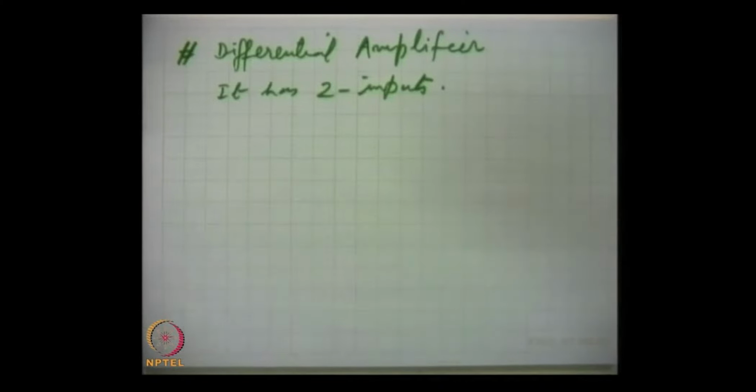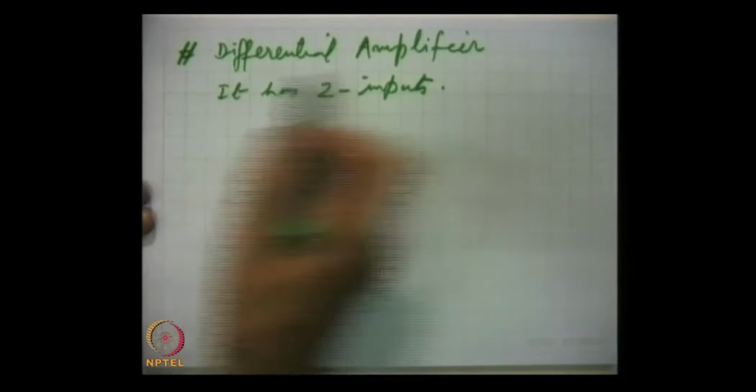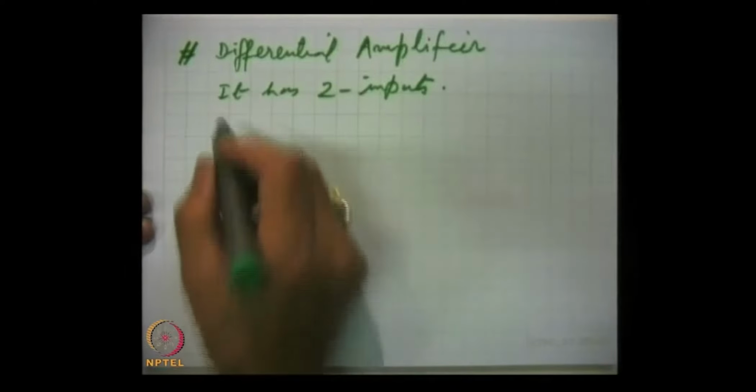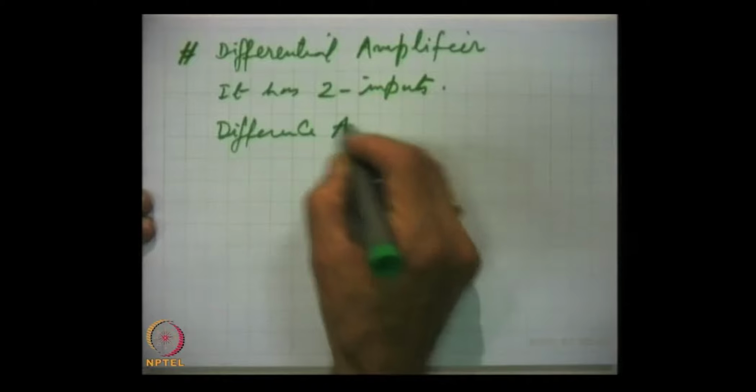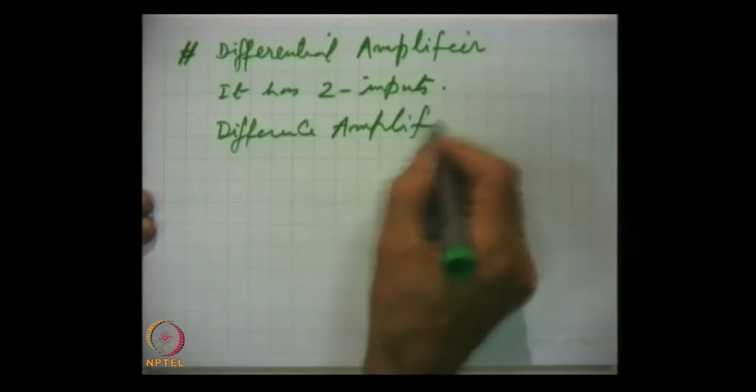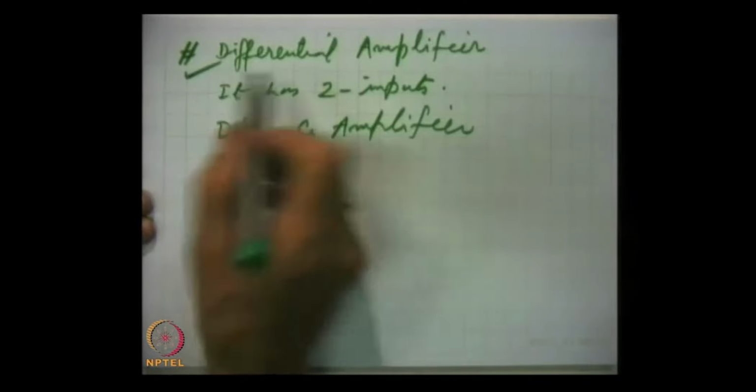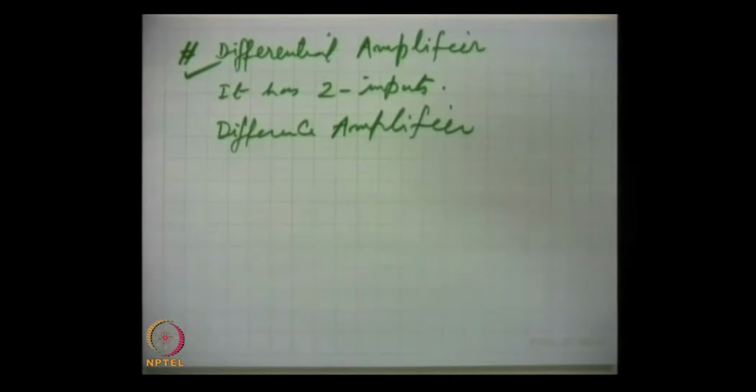And then most important, why it is called a differential amplifier, or sometimes a difference amplifier, but most popularly a differential amplifier, is because when we apply two signals, the difference of the two signals is amplified and is available at the output of the amplifier.